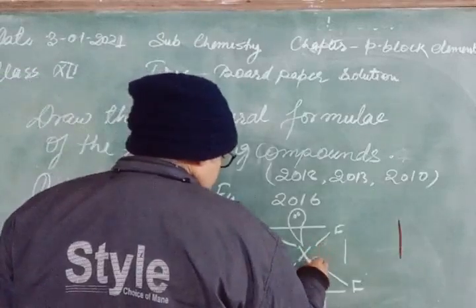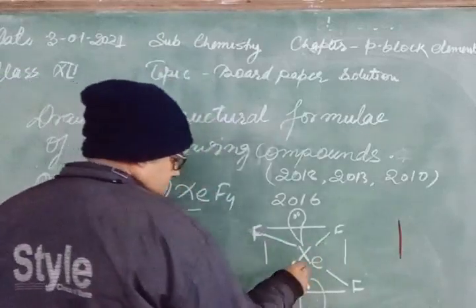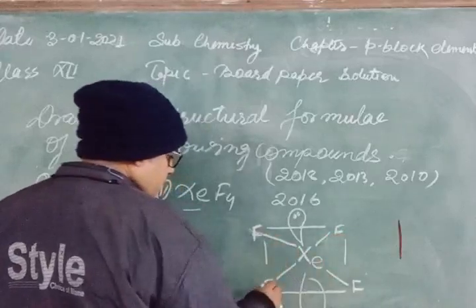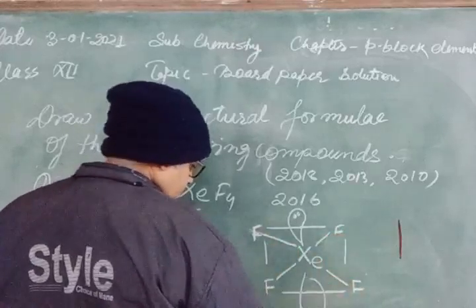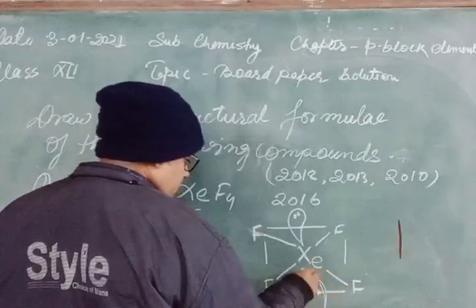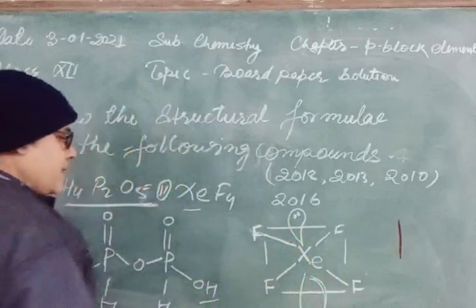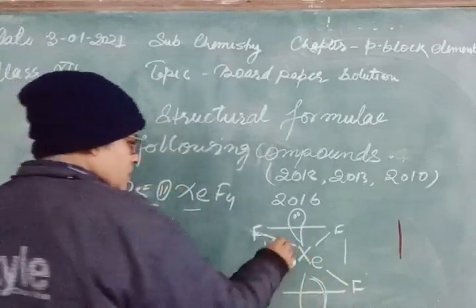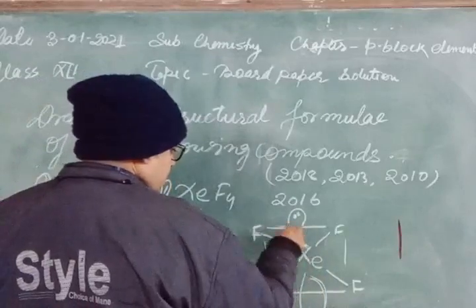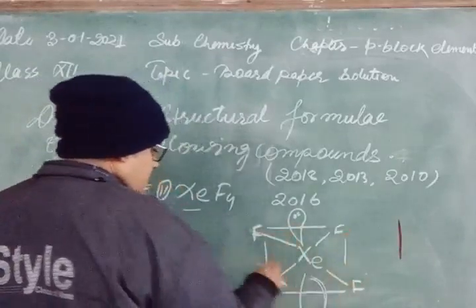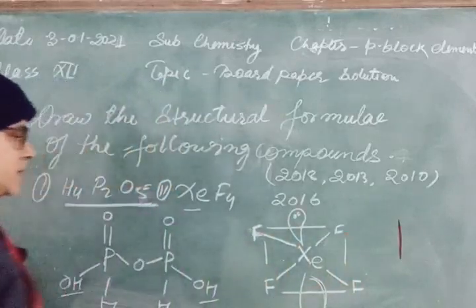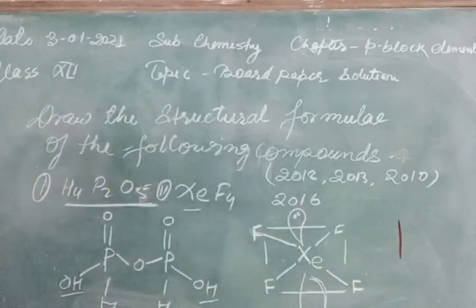Once again, you see xenon has 8 electrons, 4 electrons are shared with the 4 fluorine, then the remaining 4 electrons are distributed in the form of lone pairs. According to valence shell electron pair repulsion theory, it will acquire a square shape for minimum repulsion and maximum stability.